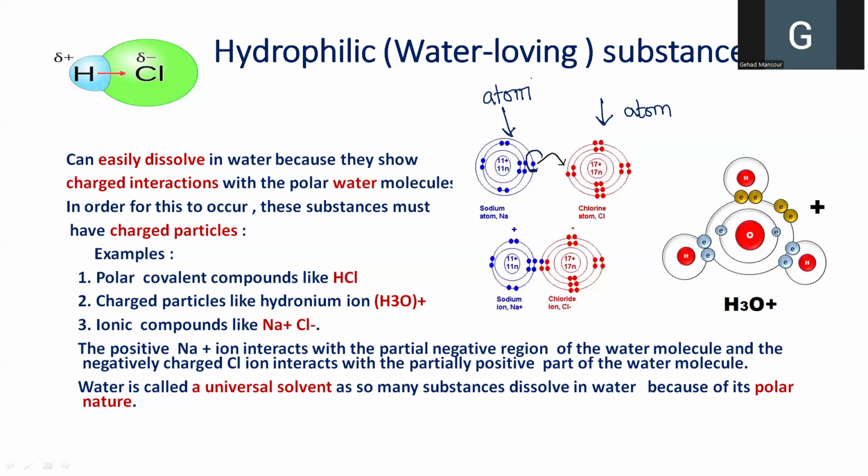This single electron in the outer shell will be lost by the sodium atom and will be received by the chlorine atom. So now the sodium atom has 8 electrons in its outer shell, the ones that were in the energy shell below the one that contained the single electron, and the chlorine atom has now filled its outer shell with 8 full electrons.